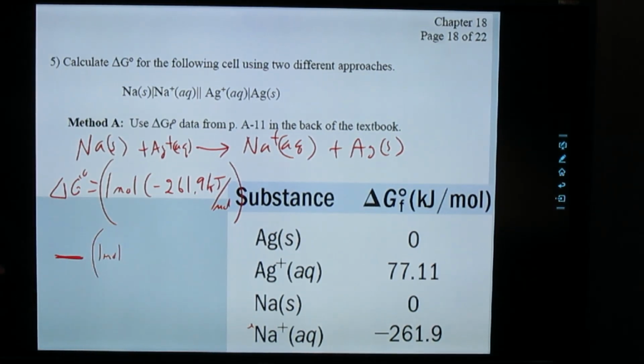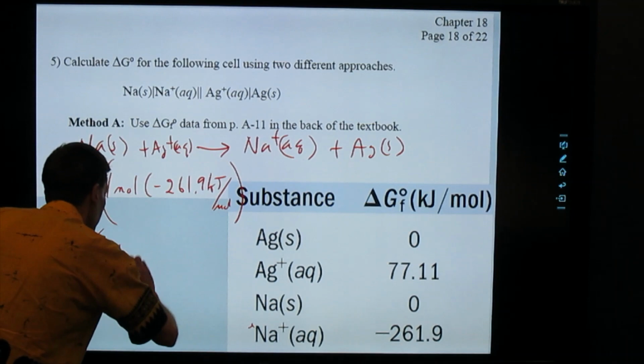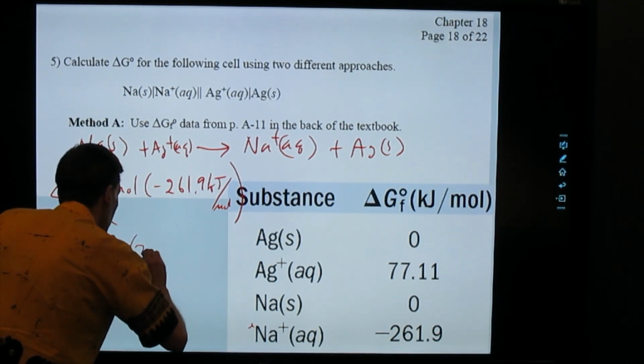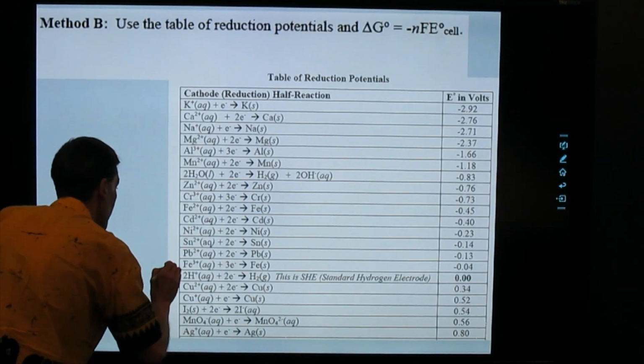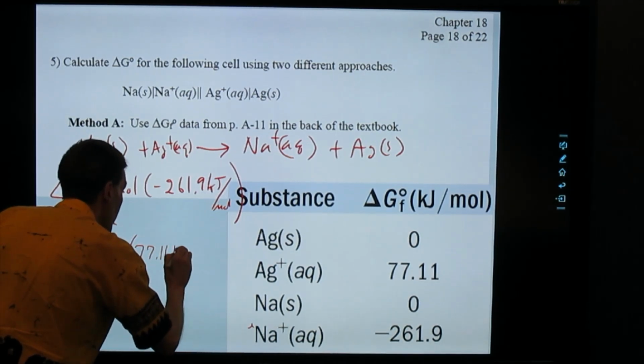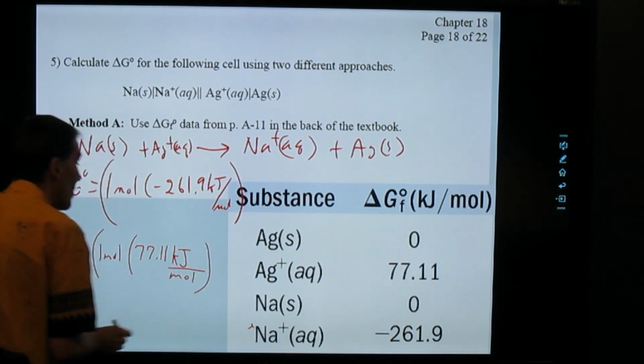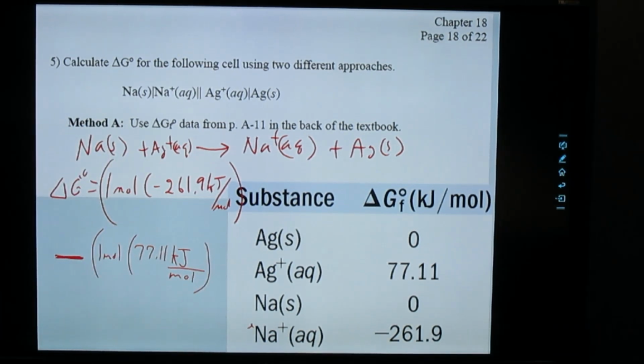There's 1 mole of Ag plus. Its value from the back of the book is 77.11 kilojoules per mole. My moles cancel, and so then I get a combined value.